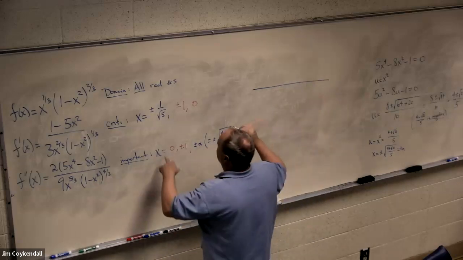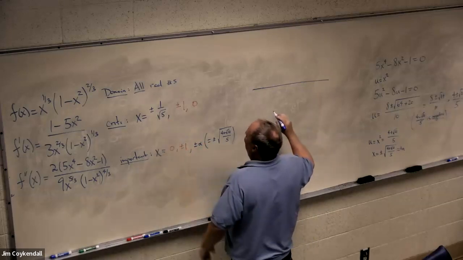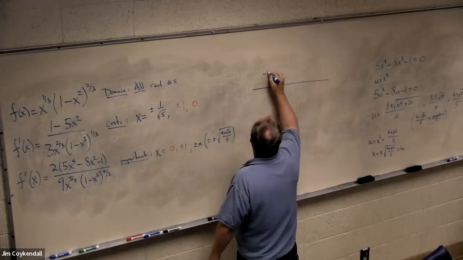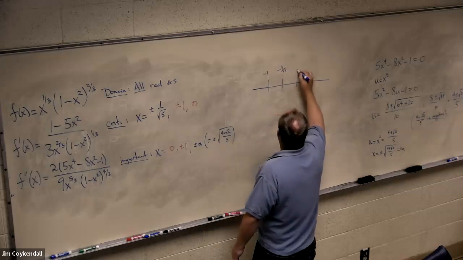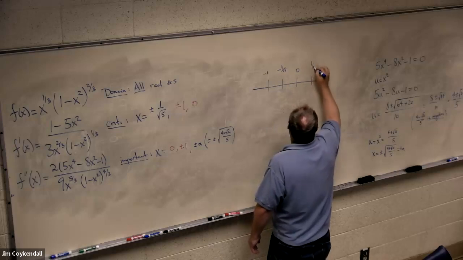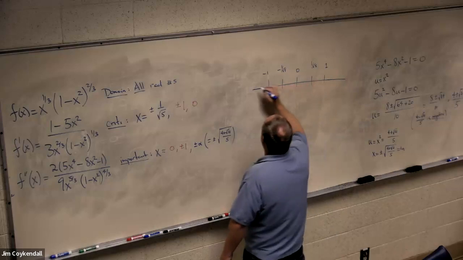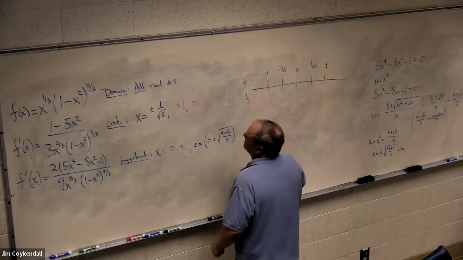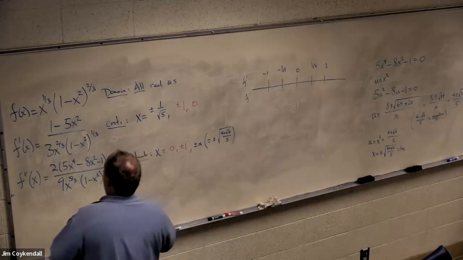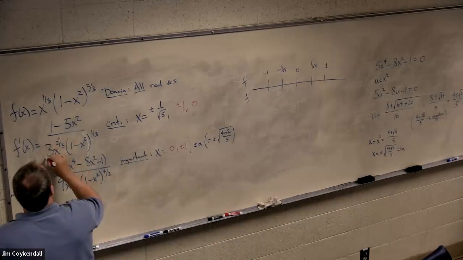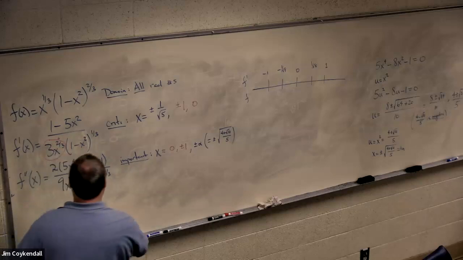So for the first derivative, I get critical numbers here. That's roughly, it's a little bit less than half. So it's minus 1 over 5, 0, 1 over 5, 1. Notice this piece is always positive because it's an even power, so it's not going to affect the sign.